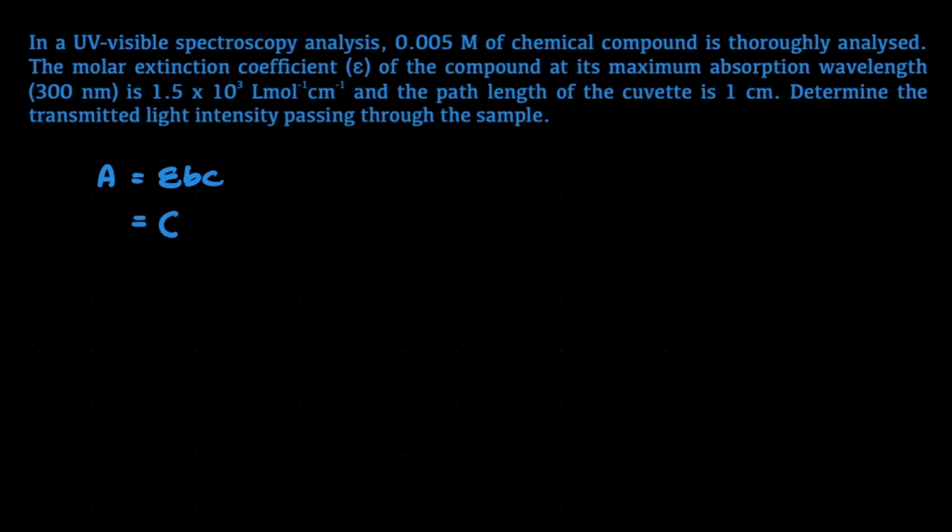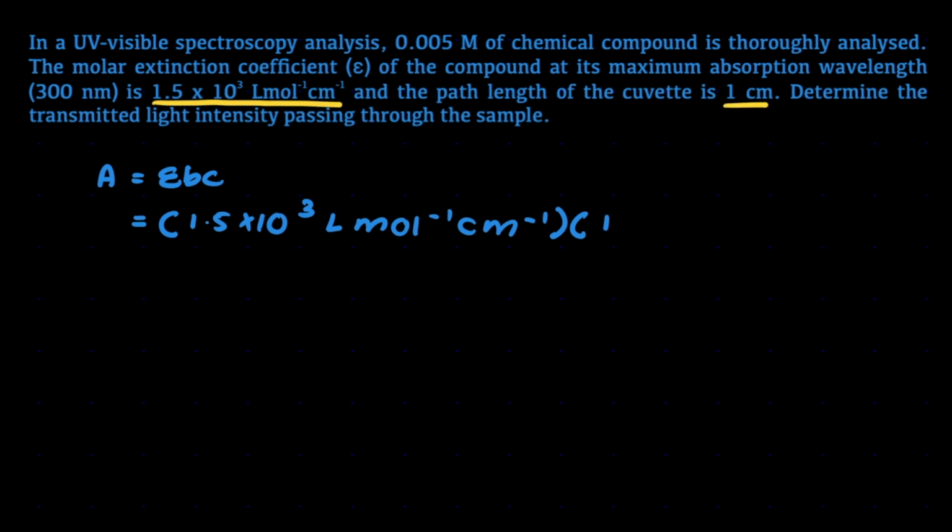So in the question, you were given the value for the epsilon, which is equivalent to 1.5 times 10 to the power of 3 liter per mole per centimeter, and your path length is given in the question as well, which is 1 centimeter, and the concentration is given as 0.005 molar, which is equivalent to mole per liter. So from there, we will get the absorbance is equivalent to 7.5.